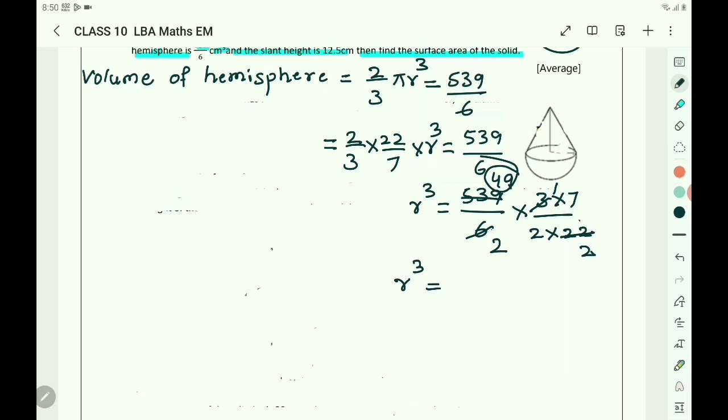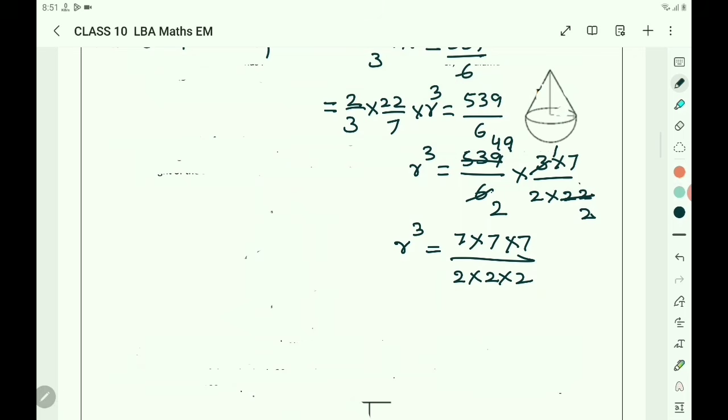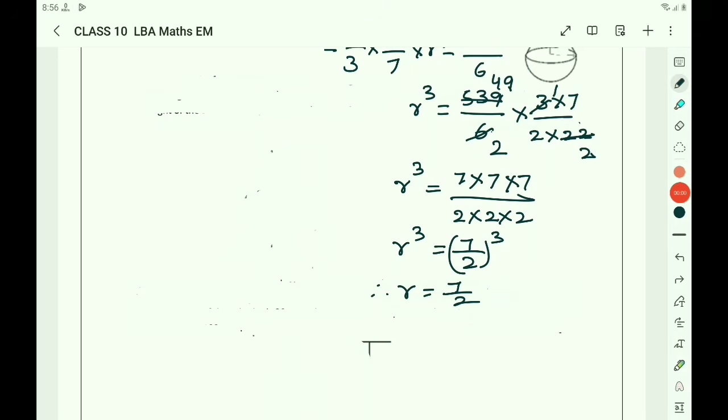Then you write 49 as 7 into 7 into 7 by 2 into 2 into 2. Then you got that r cube is equal to 7 by 2 whole cube. Therefore, r equals 7 by 2.